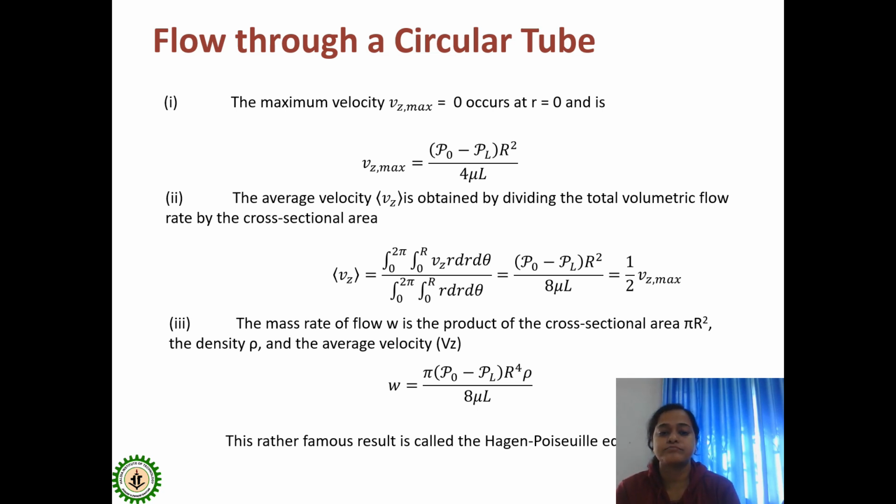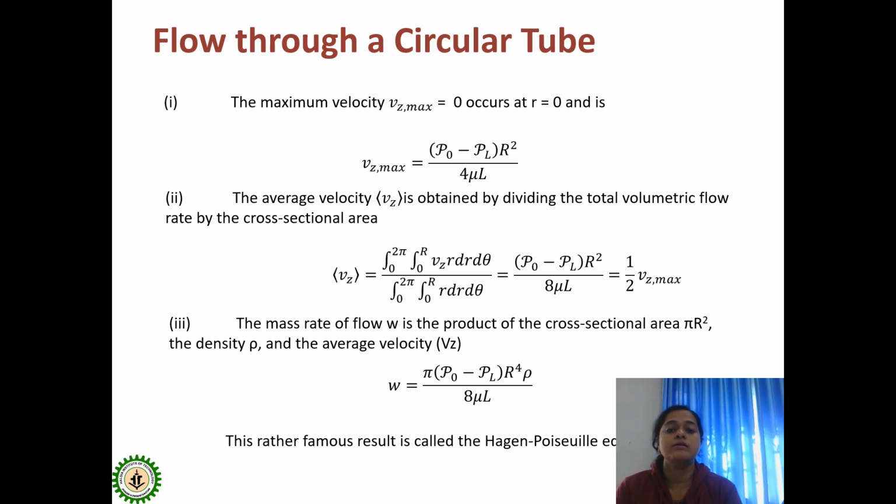Then we obtain the average velocity. The average velocity is obtained by dividing the total volumetric flow rate by the cross-sectional area. So the average velocity equals the integral from 0 to 2 pi, integral from 0 to R of Vz r dr d theta, divided by the integral from 0 to 2 pi, integral from 0 to R of r dr d theta.